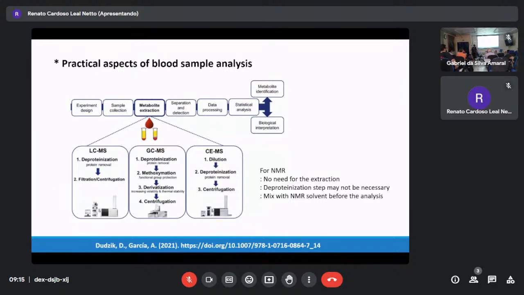And now, maybe I forgot. When you do urine analysis, you can inject urine directly to the LCMS. It's no problem because it's already filtered. Maybe use a membrane filter and inject it. But for NMR, if you have urine, do you have to reconstitute with deuterium solvent or not?